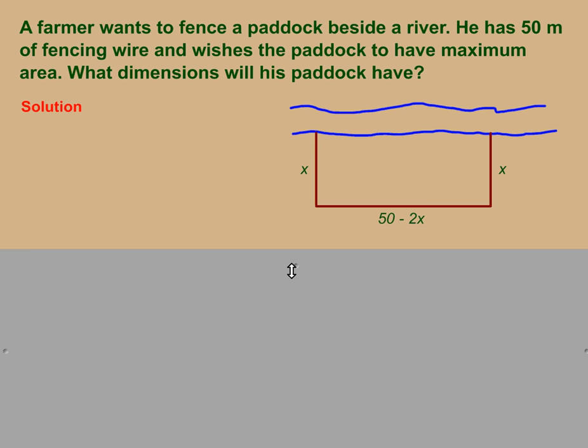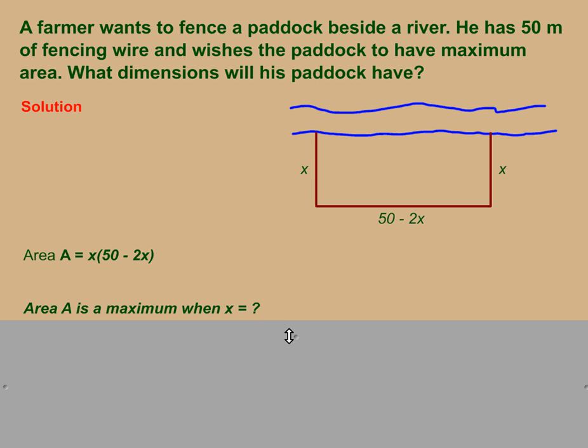So the area of our paddock is equal to the length, 50 minus 2x, times the width x. I'll simply put the x term first. What we want to decide now is which value of x is going to give us the maximum area.